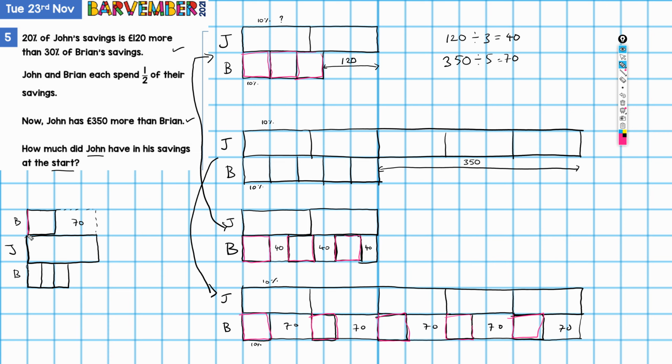All right, let's continue with the pink theme here. Okay, so that's 1.5 units of Brian's plus 40 plus half of 40, which is 60.